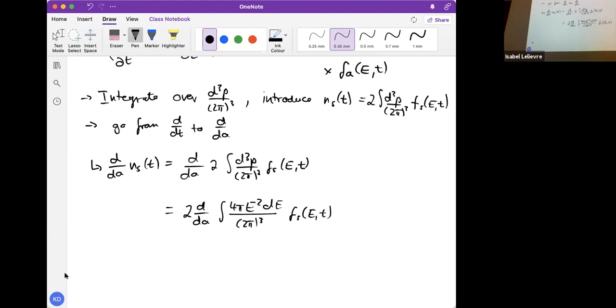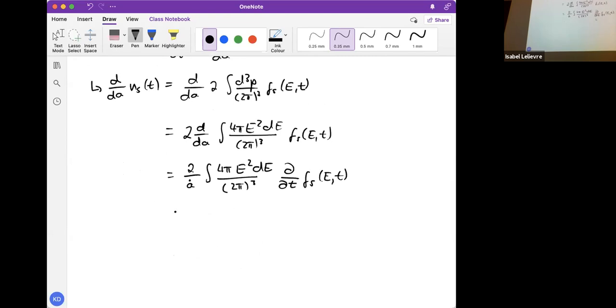Okay, now comes the more non-trivial step. Now we pull this derivative with respect to a into the integral. I'm going to write down the result and then we're going to discuss it in a bit more detail. 2 over a dot times integral 4 pi E squared dE over (2 pi)^3 times the partial derivative of f_s with respect to t.